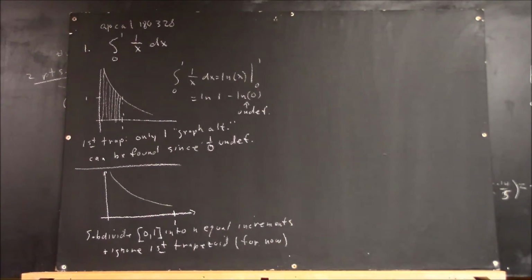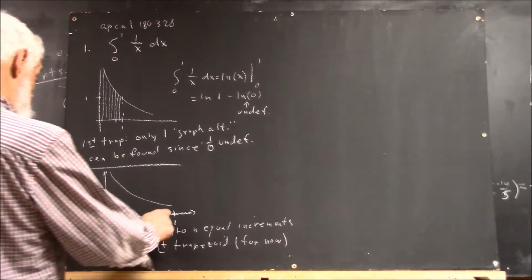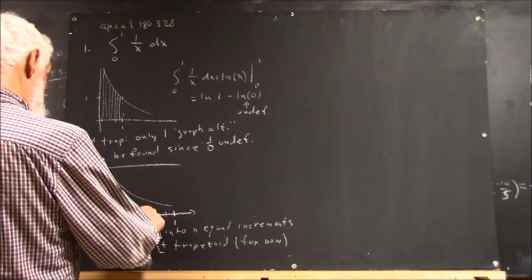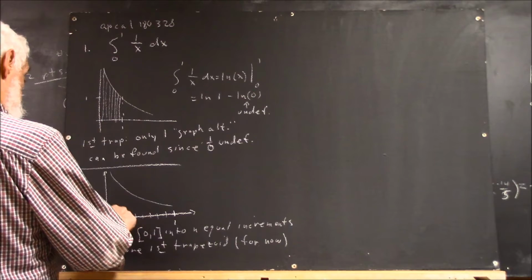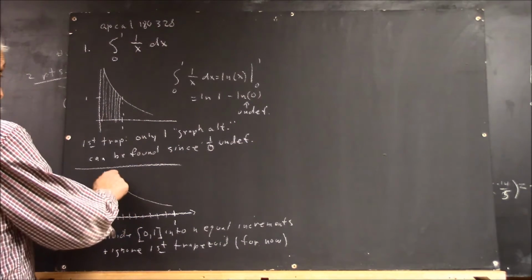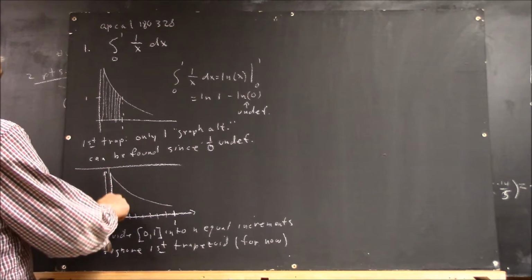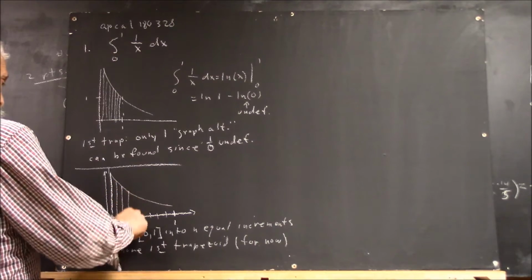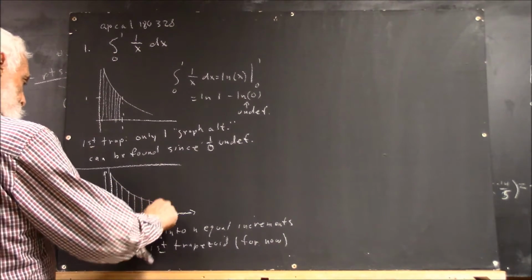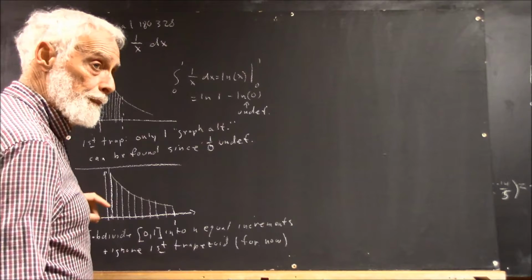Okay? So that means we're going to divide this into n equal parts, whatever n is. And we have some first trapezoid that we don't bother with. So we have these trapezoids here.